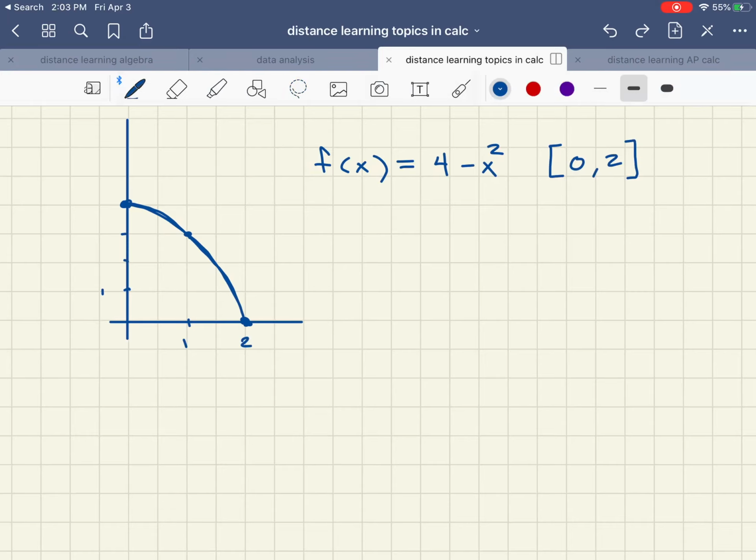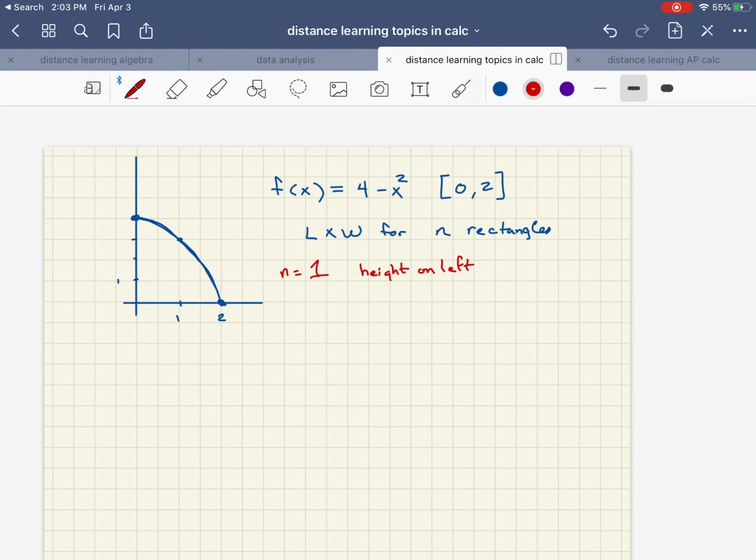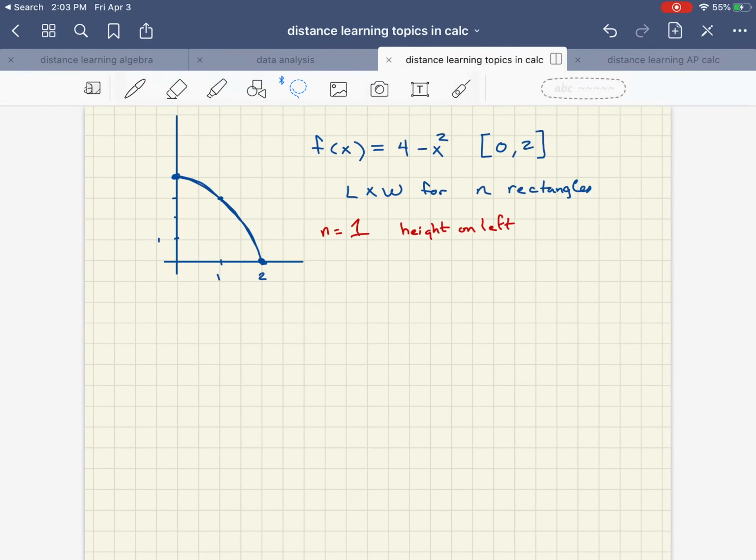Now if I wanted to, I want length times width for n rectangles. So if we were going to use 1 rectangle, here's what it would look like. We could put the height of the rectangle on the left, or in the center, or on the right.